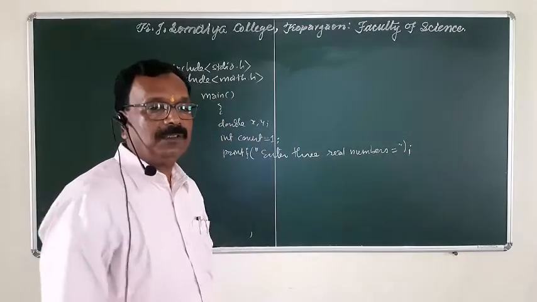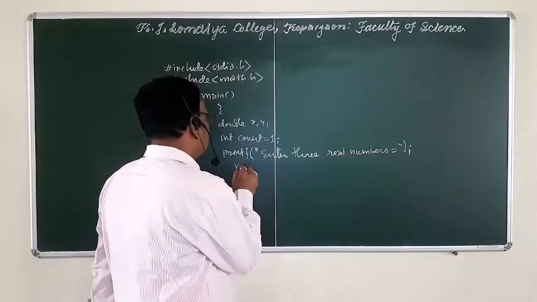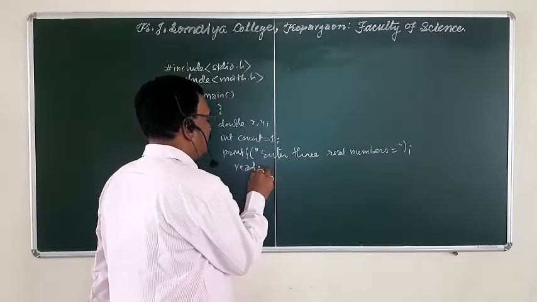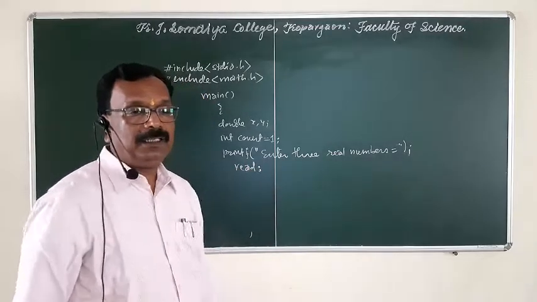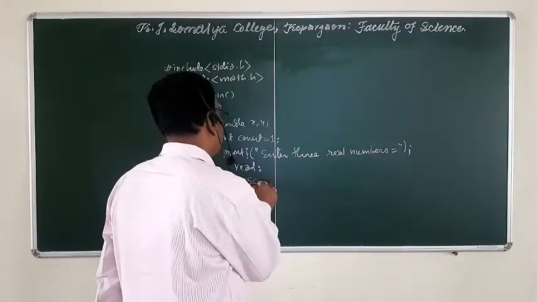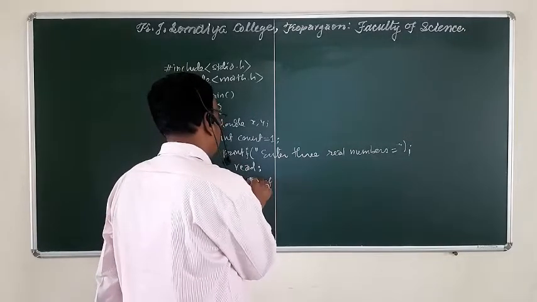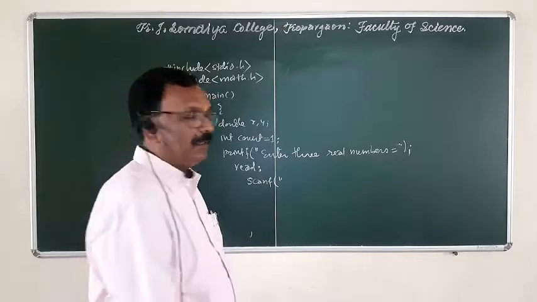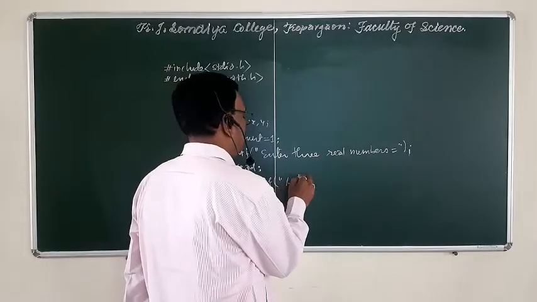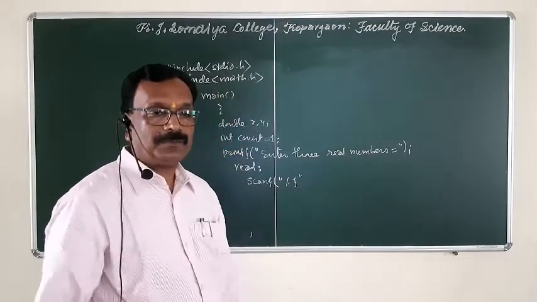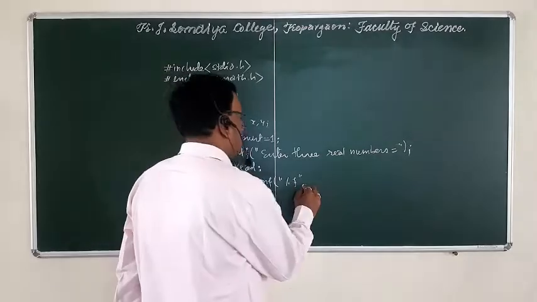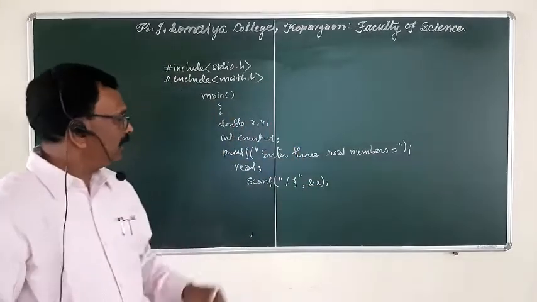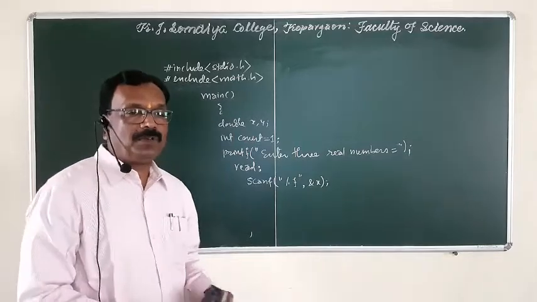This statement. Then read the number which is supplied by us, by this label. Read. Then scanf, that is percentage f, x, like the same statement used in the previous program.